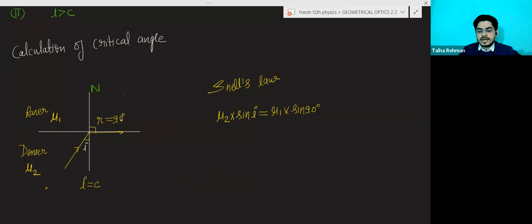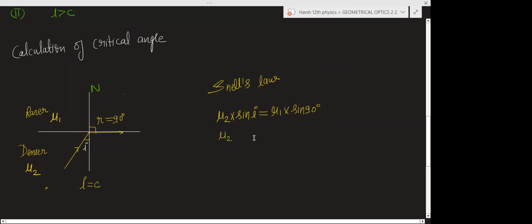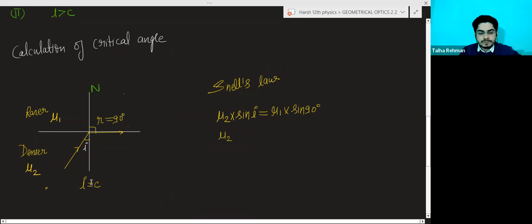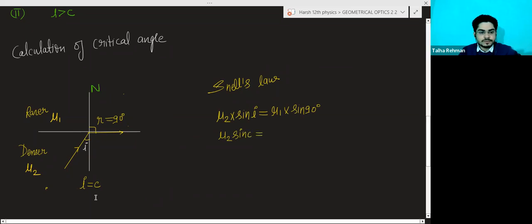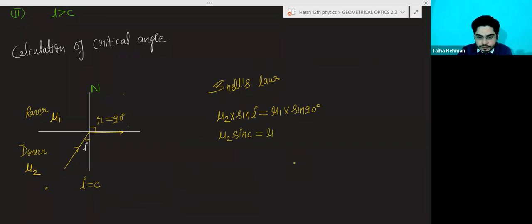Now put the values: mu 2 sine I, with I equal to C, so this will be mu 2 sine C, equal to mu 1 multiplied by sine 90, and sine 90 is 1. So the sine of the critical angle is equal to mu 1 divided by mu 2.